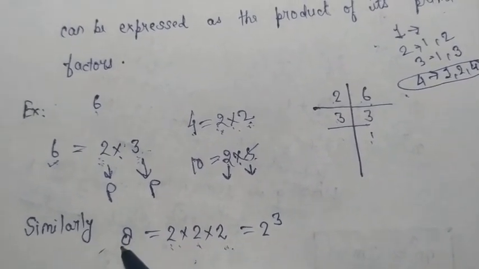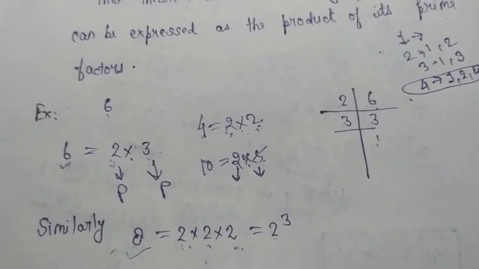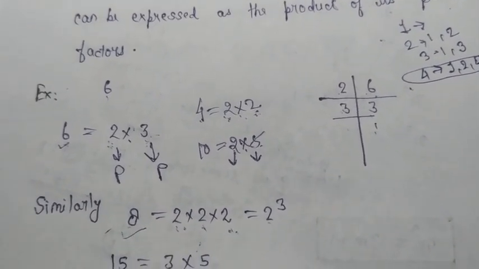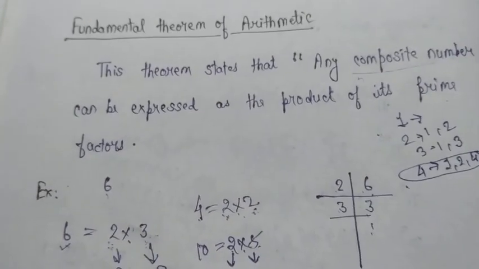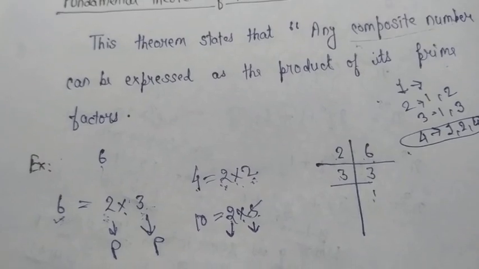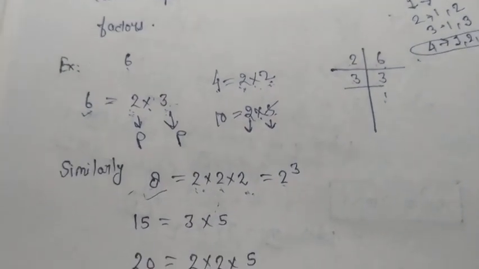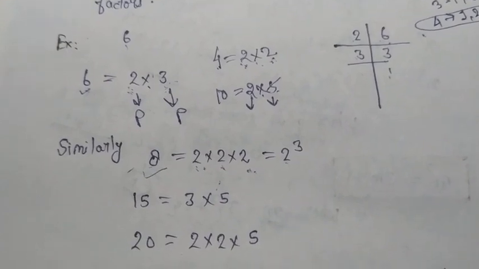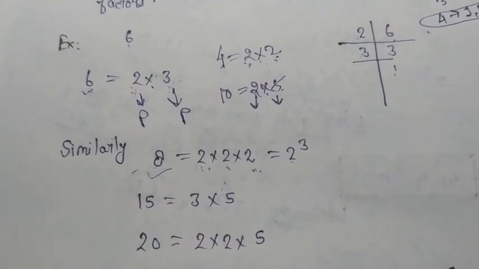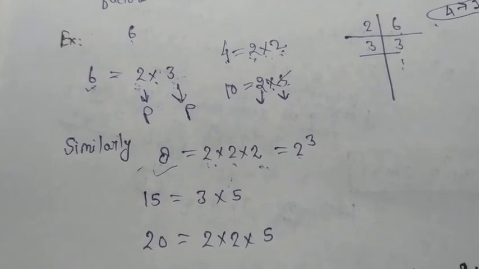So 8 is a composite number and it can be represented as a product of its prime factors. This is known as the fundamental theorem of arithmetic. You already know this theorem from the previous class also. So it is just a reminder of what the fundamental theorem of arithmetic is. It is basically based on composite numbers.